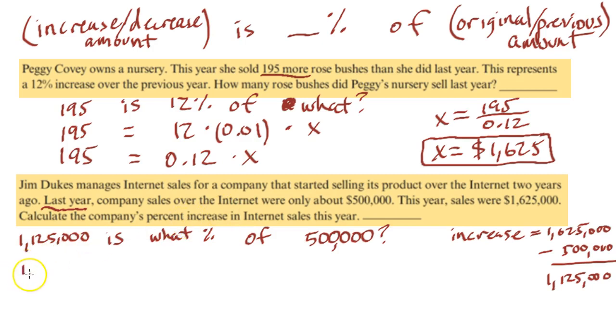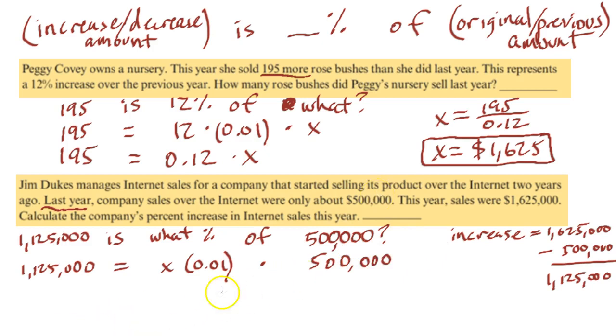So we have 1,125,000 is what percent of 500,000.